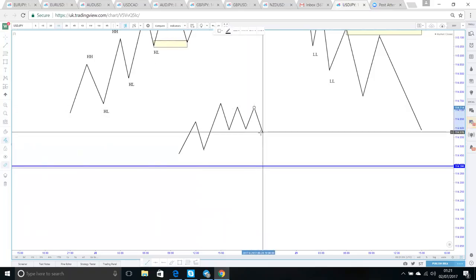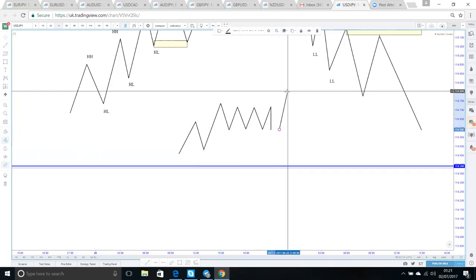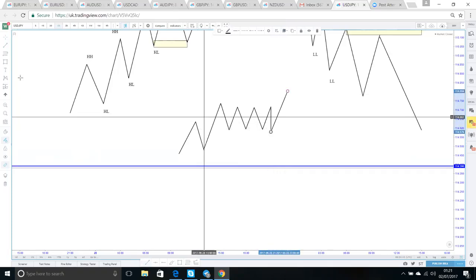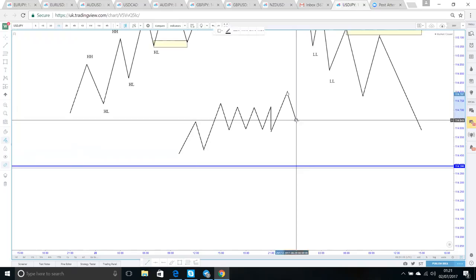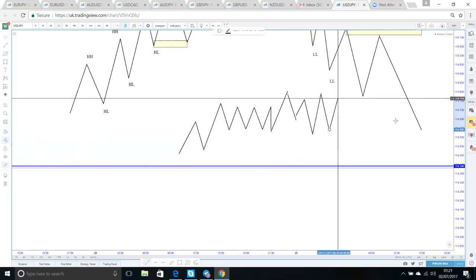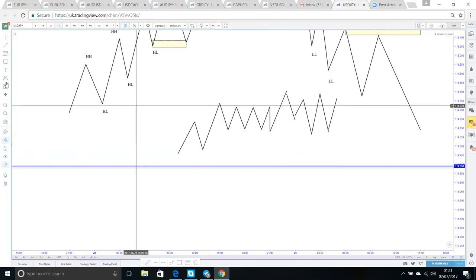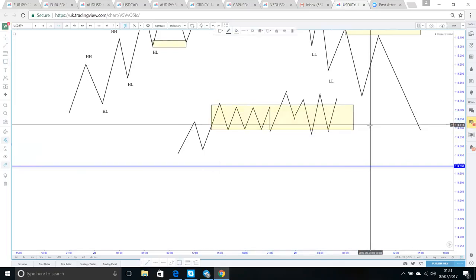price is not making a higher low, guys. And if the price starts behaving in this fashion, let's focus on this. My question is, what happened? Which trend is this? This is a range market now. But what is the trend?